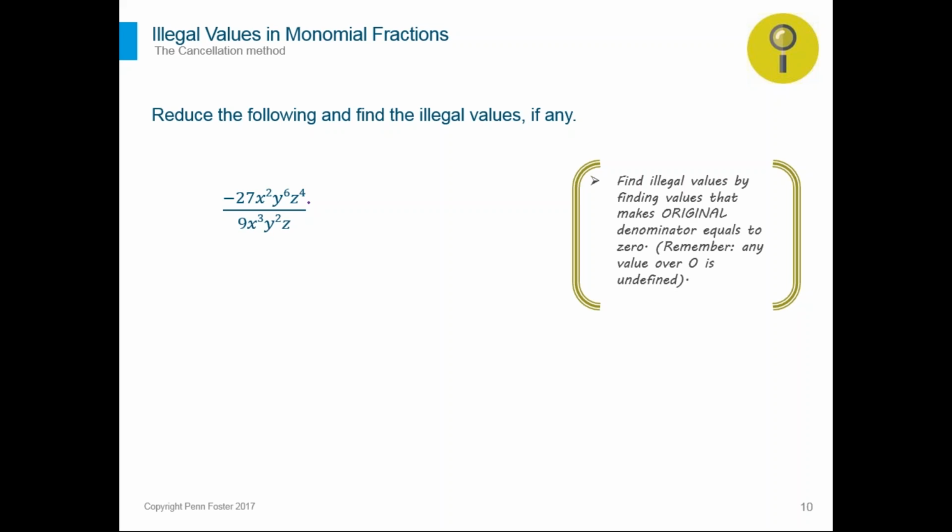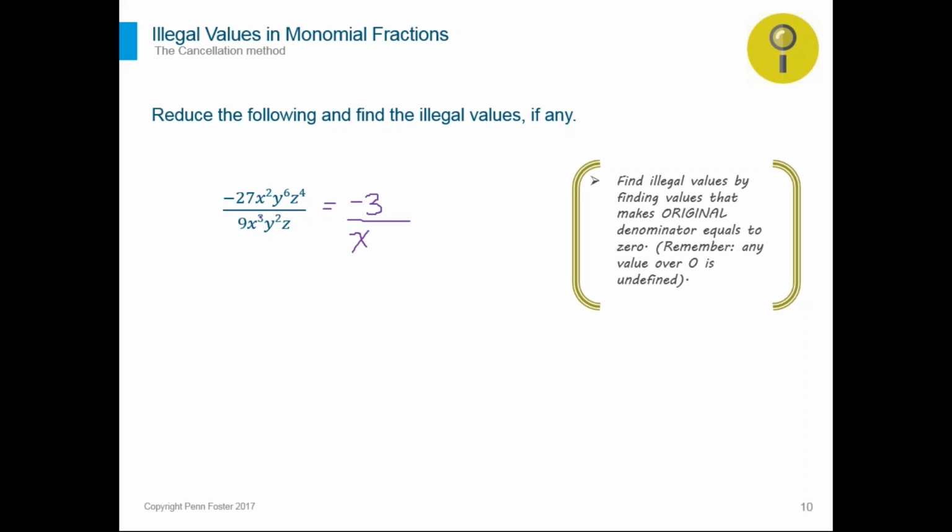So, reduce the fraction. I'm going to remind you of how we did the old way. How did we divide the top and the bottom without using the greatest common factor, just to reduce that fraction? So negative 27 over 9 is a negative 3. And then x squared over x to the third, we're going to have x on the bottom. Remember, 2 minus 3 is a negative 1.